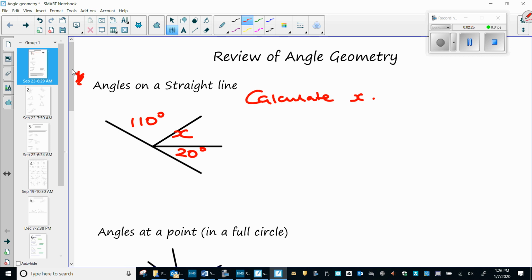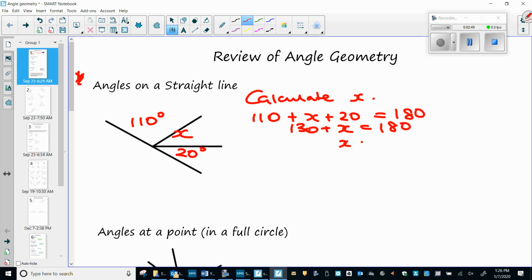180. Okay, so we are able to calculate this because we know that 110 plus x plus 20 equals 180. So we've set ourselves up an equation using a geometrical reason. We would then join like terms, so we know that the 110 and 20 gives us 130.